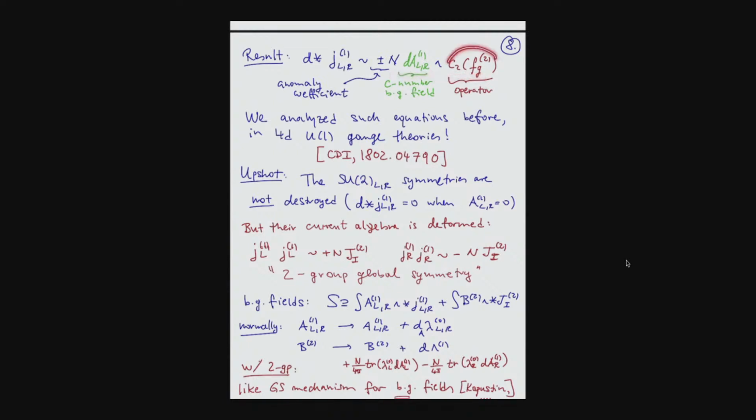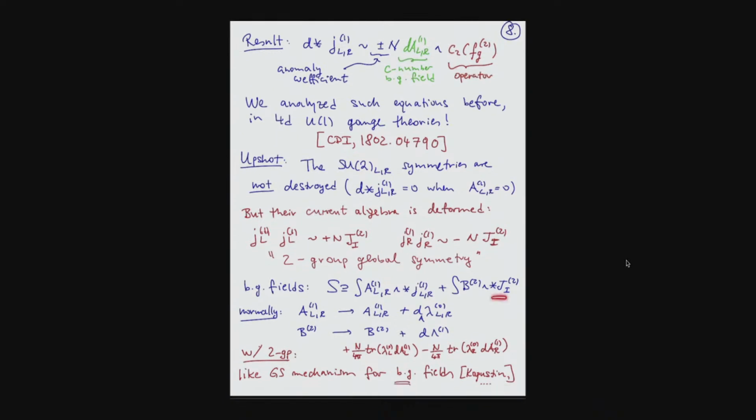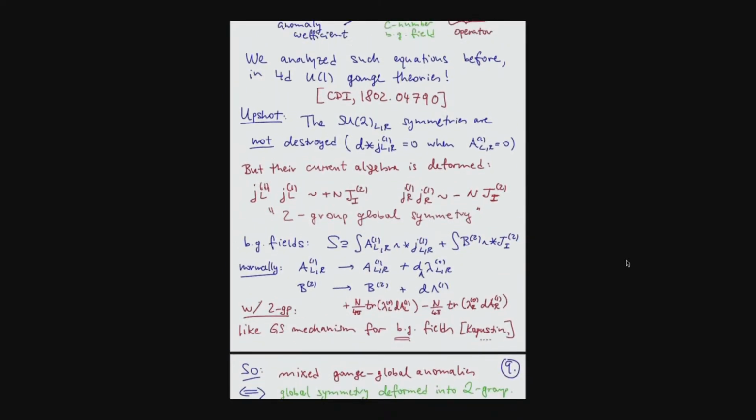And because this right-hand side involves the instanton current, you can absorb this right-hand side by postulating a new transformation piece in the transformation law for the B field. And this transformation law looks like this. It's a shift of the B field by the field strengths of the R symmetry gauge field in a way that's dictated by the anomaly coefficients.